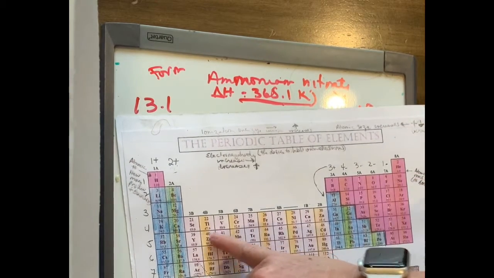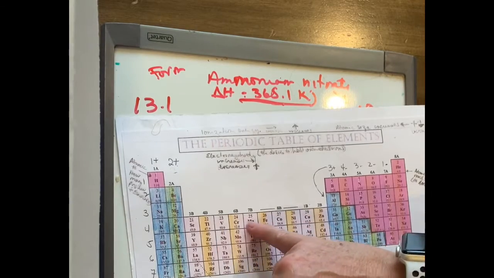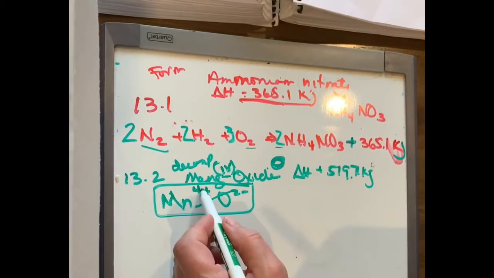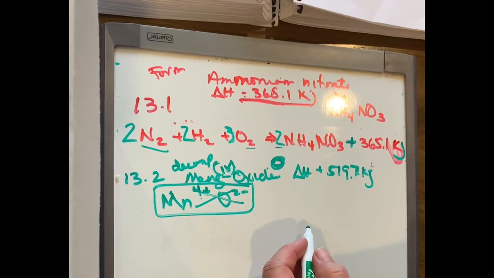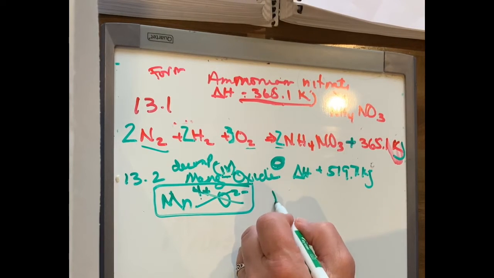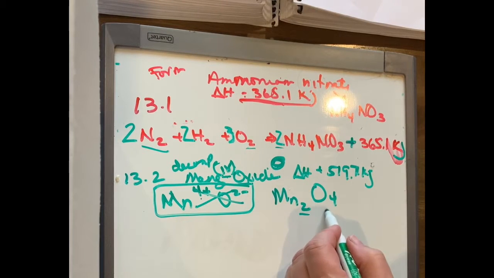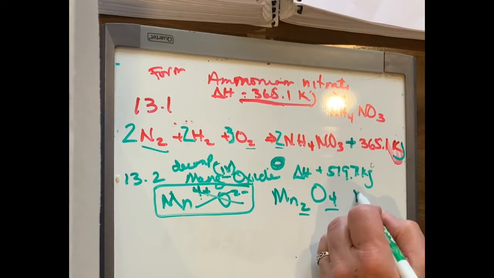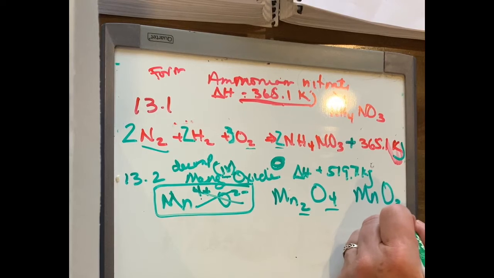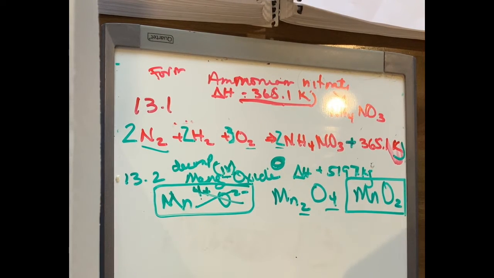And then manganese is in the transition metals, and they have to be told what those are. We have to cross and drop to make that actual item. So it's Mn2O4. But look at those. Those can be reduced. So it's MnO2. Okay, so that's what we're trying to decompose.